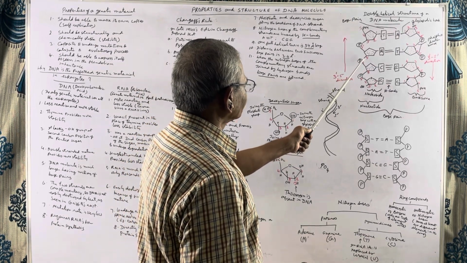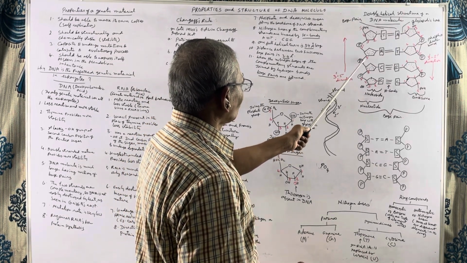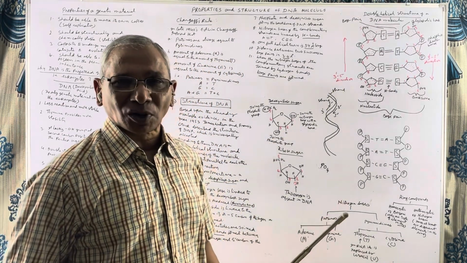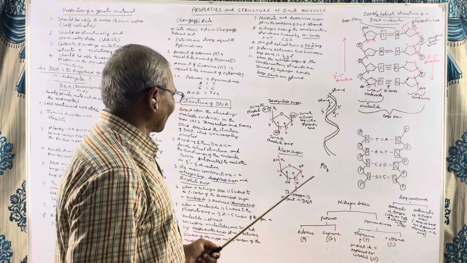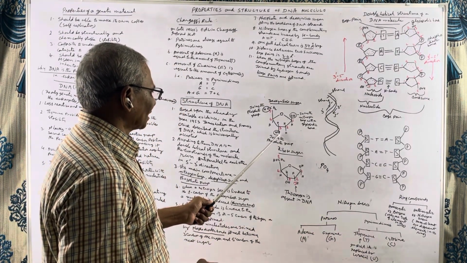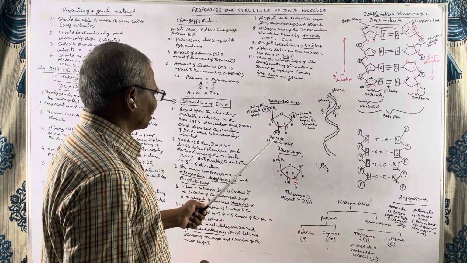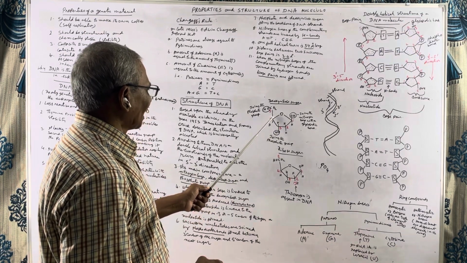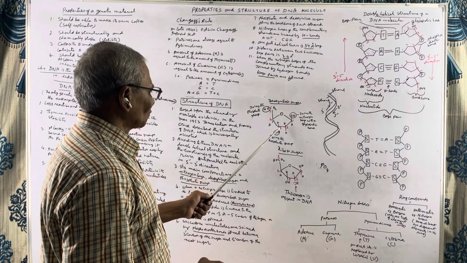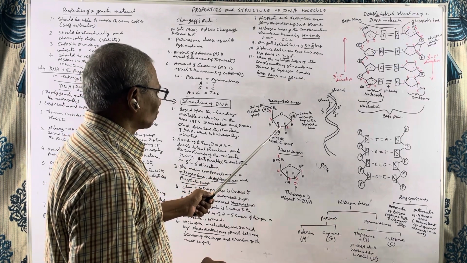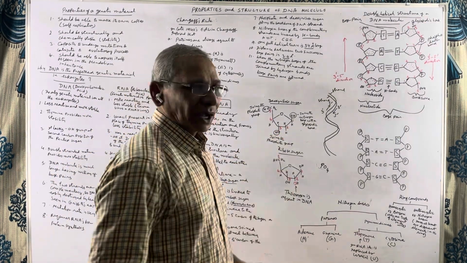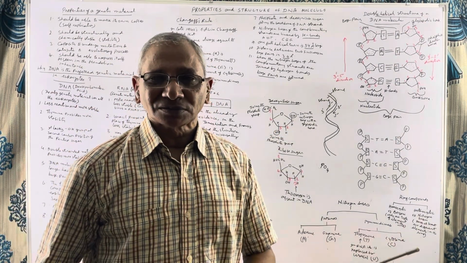These bonds, you take the phosphate, there are two bonds. These bonds are known as phosphodiester bonds. See here, I have drawn this figure. This joins the phosphate group on one side, and this joins the phosphate group on the other side. So the phosphodiester bonds are two. And these bonds are very stable.